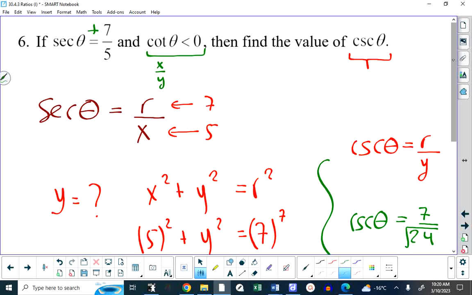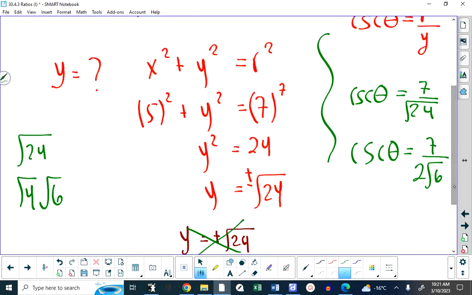But cotangent is negative, and the 2 quadrants that cotangent is negative in, by the way, are the same 2 quadrants that tangent is negative in, these 2. So there's only one quadrant where tangent or cotangent is negative, and secant or cosine is positive, and it's down in quadrant 4. So anyway, the bottom line here is we need a negative on this, and that's our answer.